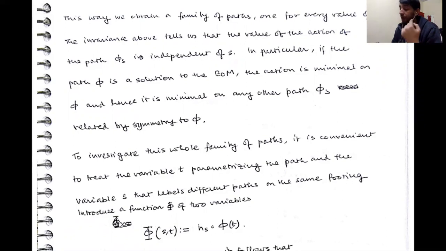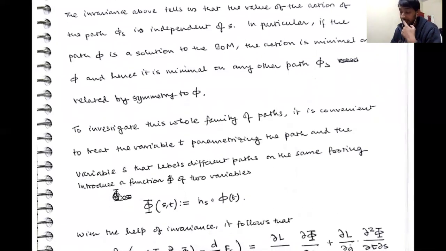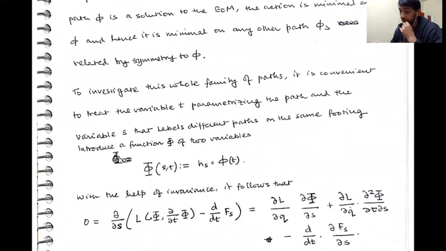Now to investigate this whole family of paths, it would be useful to treat the variable t, which parameterizes the path, and the variable s that labels different paths, on the same footing. So let's introduce a function phi of two variables such that this is given by this map.